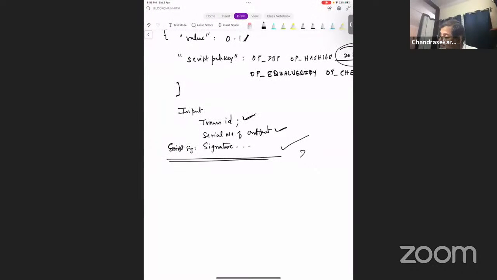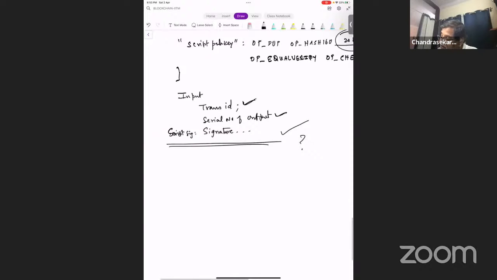So how is this validated? How do you know that you are authorized? A's public key would have been specified in the output with that serial number.